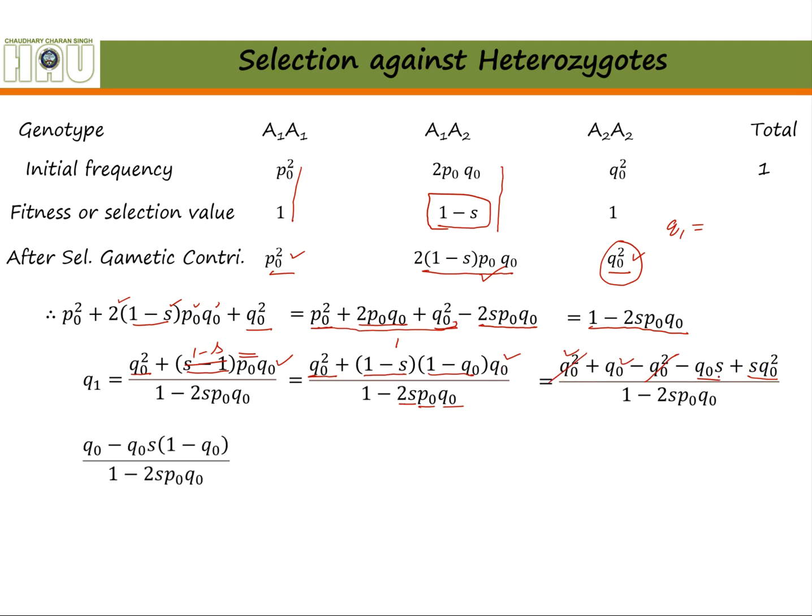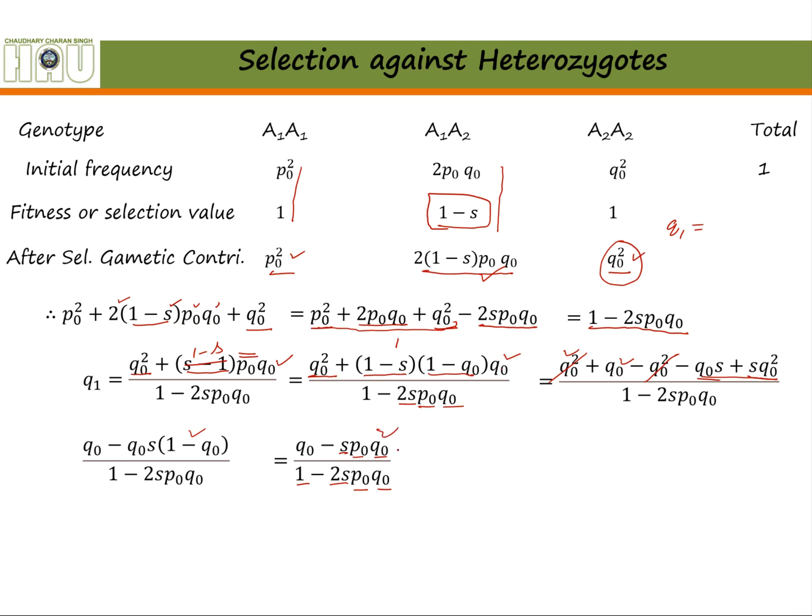If I take common from these two, Q0S can be taken common with minus sign, so it becomes 1 minus Q0. Now this 1 minus Q0 can be replaced with P0. So Q0 minus S times P0Q0 over 1 minus twice S P0Q0.